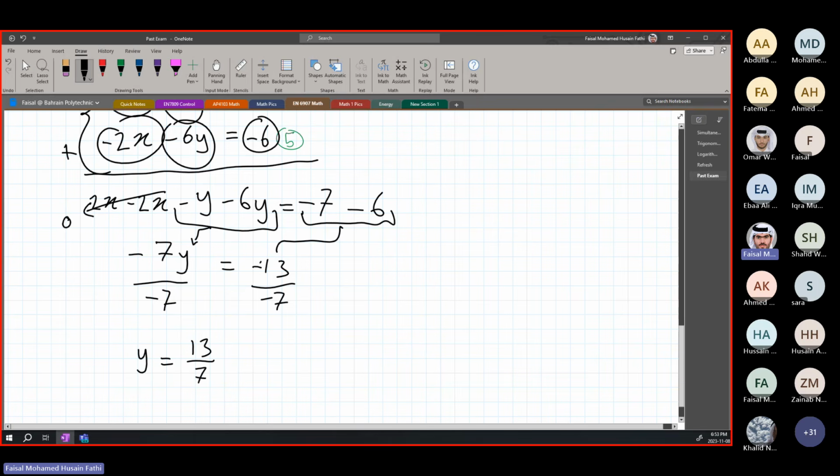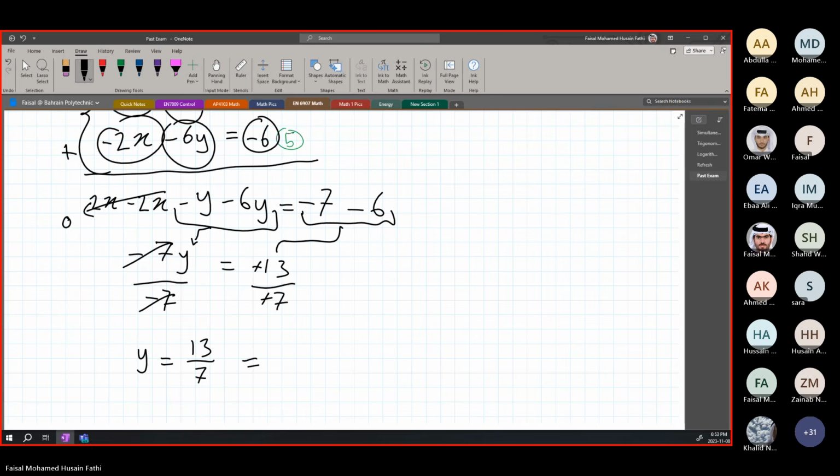Y is equal to 13 over 7, because the minus and the minus cancel. So 13 over 7 is equal to, I don't know where my calculator is, but it is just going to be equal to 13 over 7. Just 2 seconds, let me get my calculator.